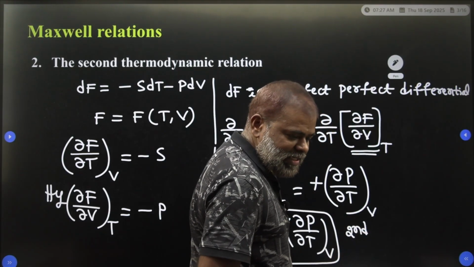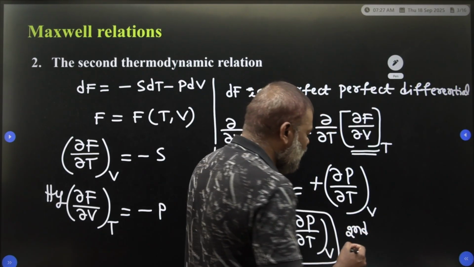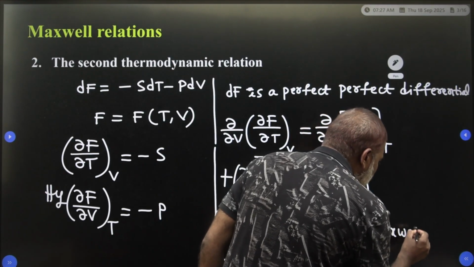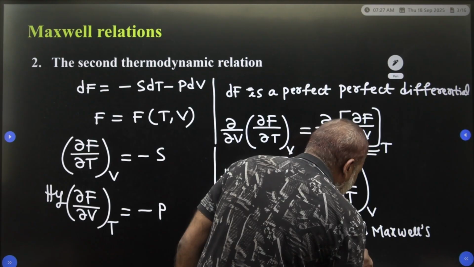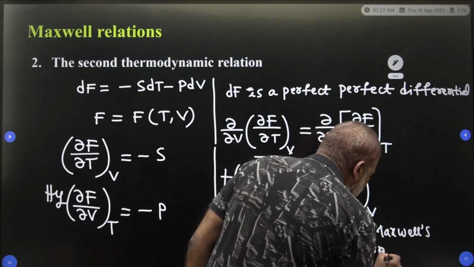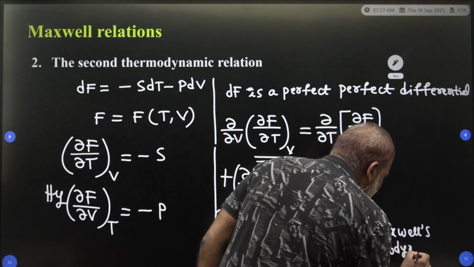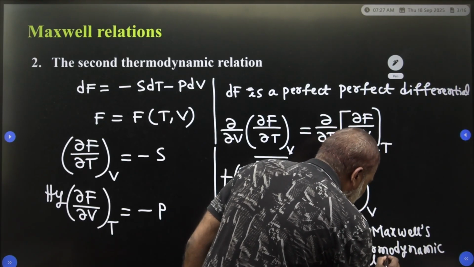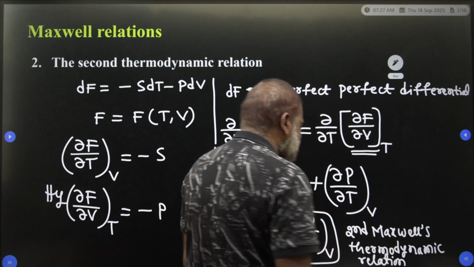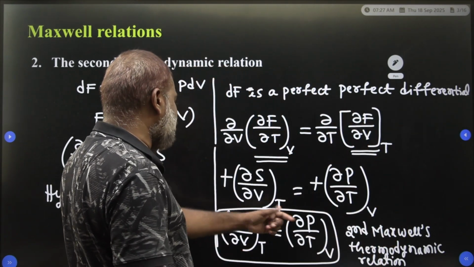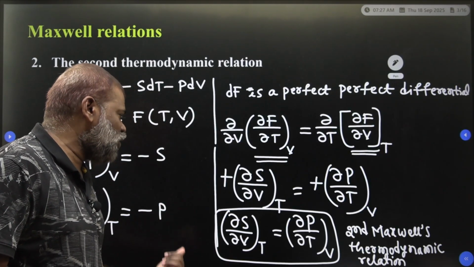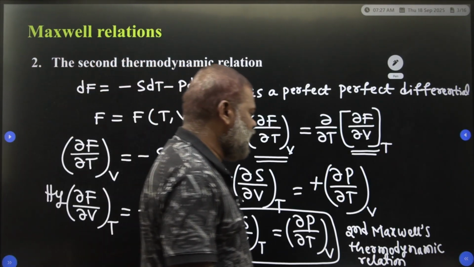This is the second thermodynamic Maxwell's relation: dou P by dou T at constant volume is equal to dou S by dou V at a constant temperature.